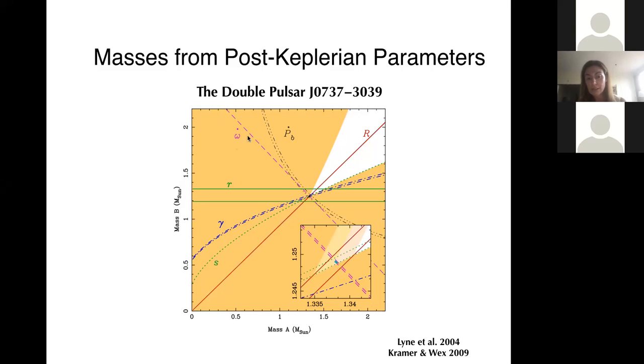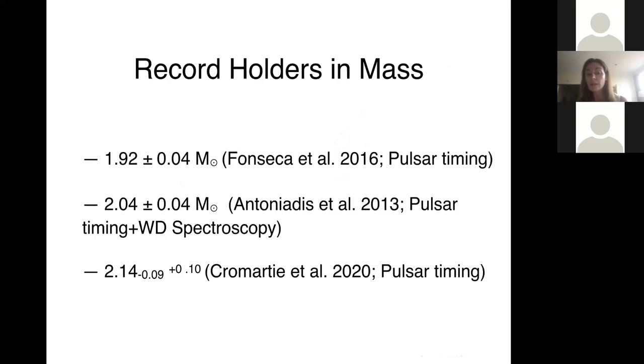So as you can see, all of these post-Keplerian parameters are measured, leading to this extremely precise mass for the two components. In reality, in general, that's not how it happens. Most pulsars have only two post-Keplerian parameters or even fewer measured.